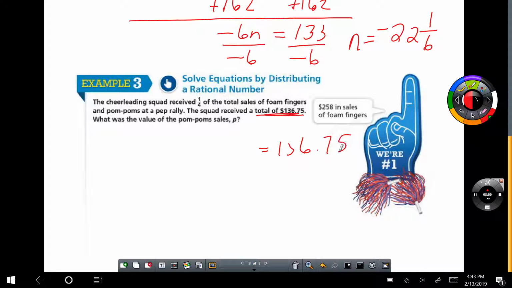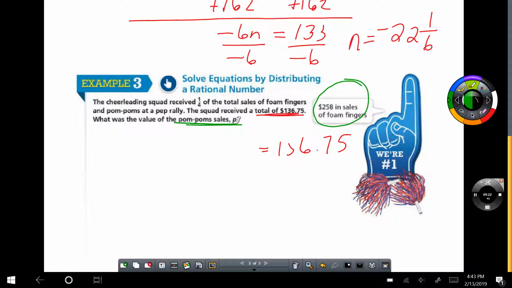Okay? Now, in order to get that, they get 1/4 of the total sales of foam fingers and pom-poms. Now, we know that foam fingers were $258, and we're trying to find pom-pom sales, P. So we need 1/4 of that total. So let's write the total of foam fingers and pom-poms, right?